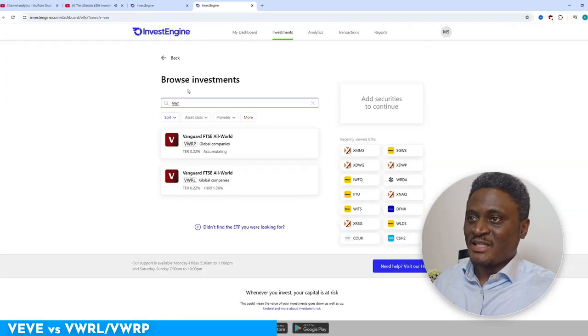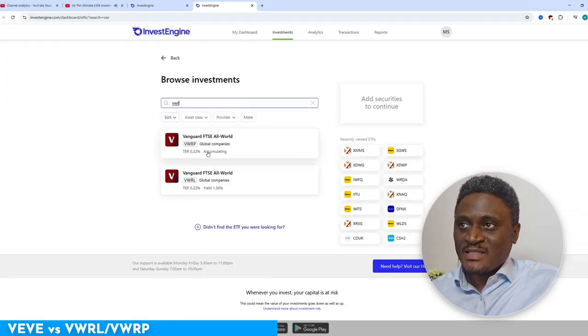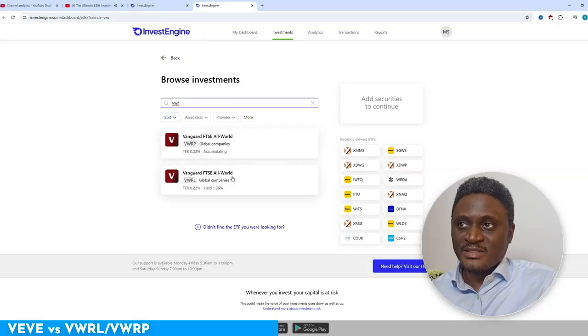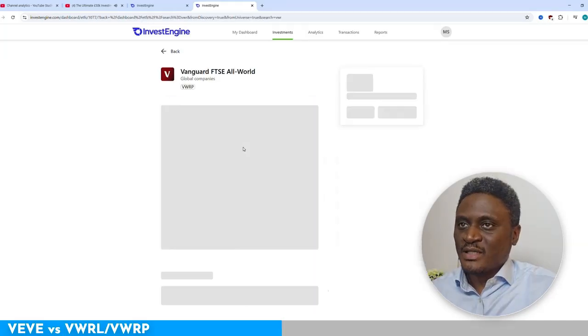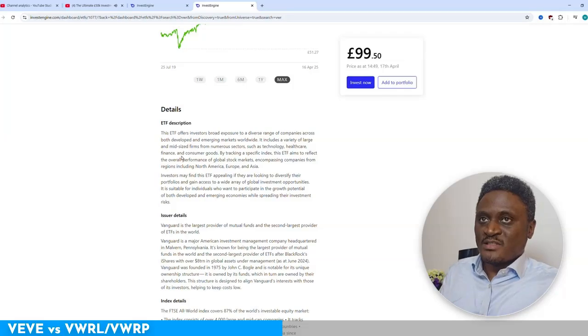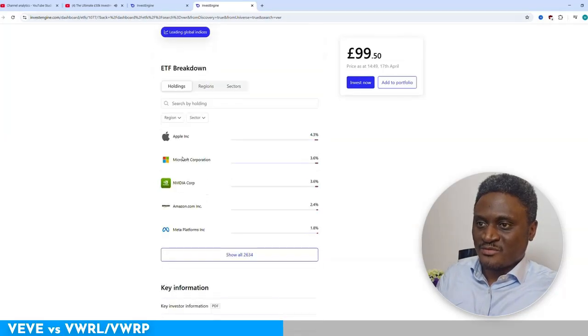VWRL or VWRP. Now, these two are basically the same ETF. The only difference between them is that one pays you dividends, so that's why you have this yield here, and one automatically reinvests the dividends in your portfolio. If you look at it, this ETF basically covers roughly 2,600 companies globally.